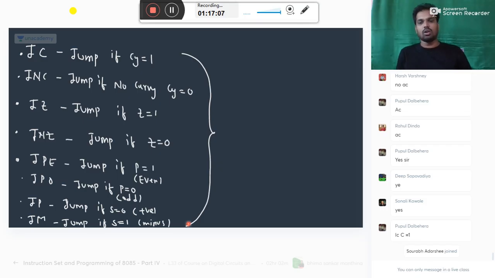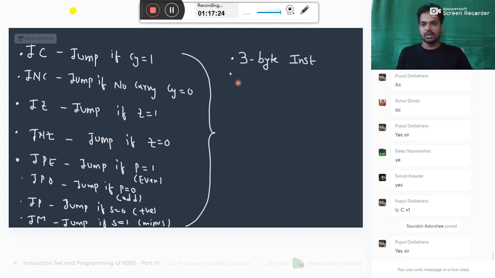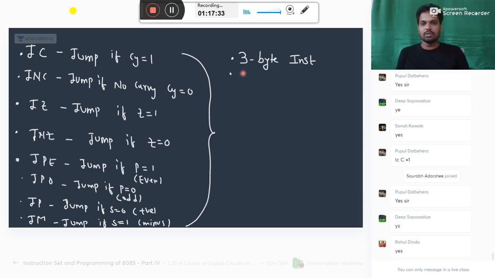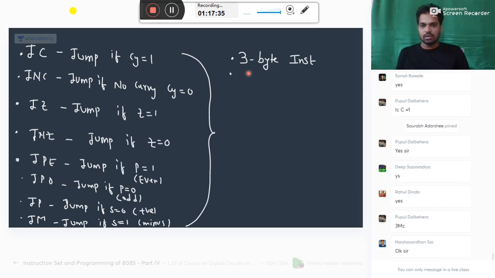All of them are 3-byte instructions only. Is it okay? First point. Very good. Next, how many machine cycles? 3.